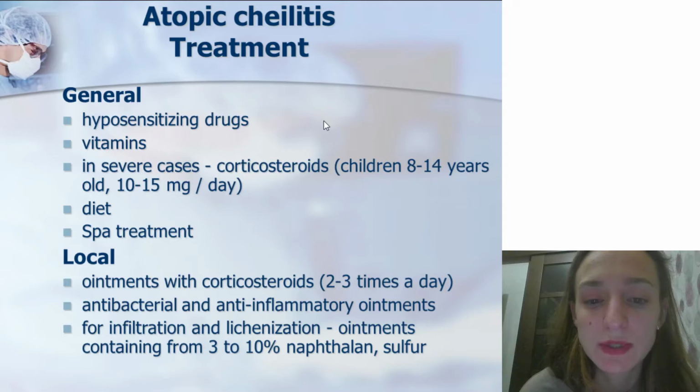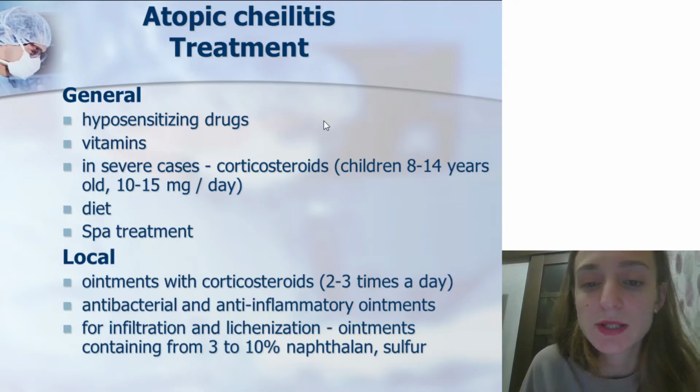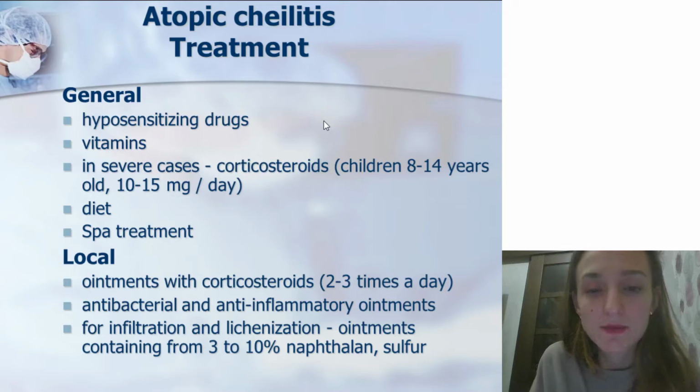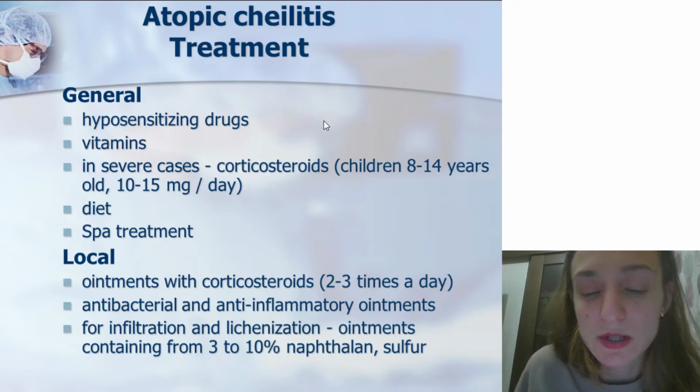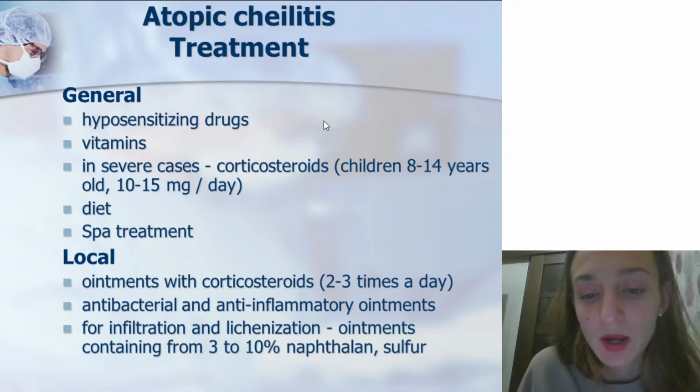What about treatment? It should combine general and local therapy. A non-specific desensitization treatment with antihistamine drugs and vitamins is indicated. And ointments with corticosteroids 2-3 times per day, and antibacterial and anti-inflammatory drugs are applied topically.